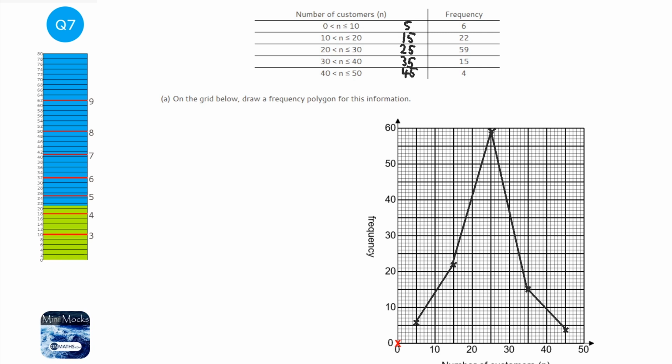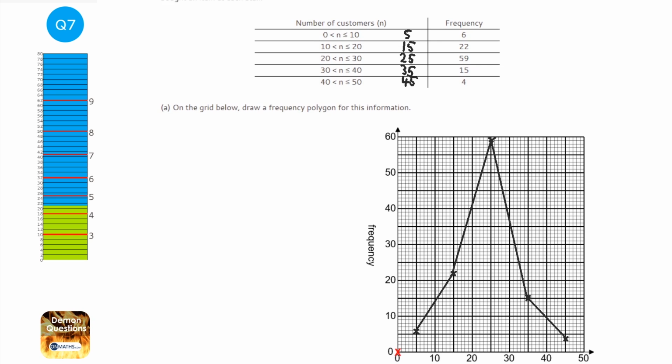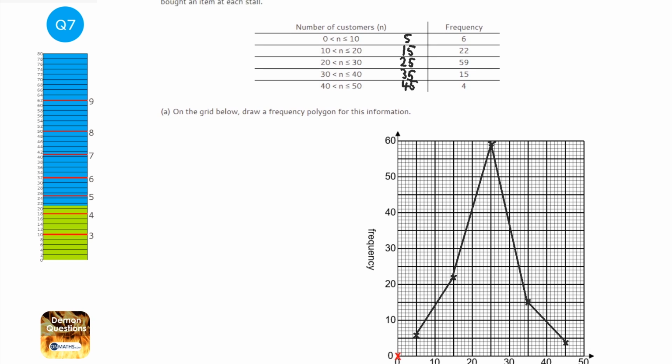You're not actually trying to make a polygon, okay? Don't ever draw this line here. That's not a good thing to do, so make sure you don't do that. Okay, and that's it. So midpoints, crosses, and then join them up with straight lines if you're asked for a frequency polygon.